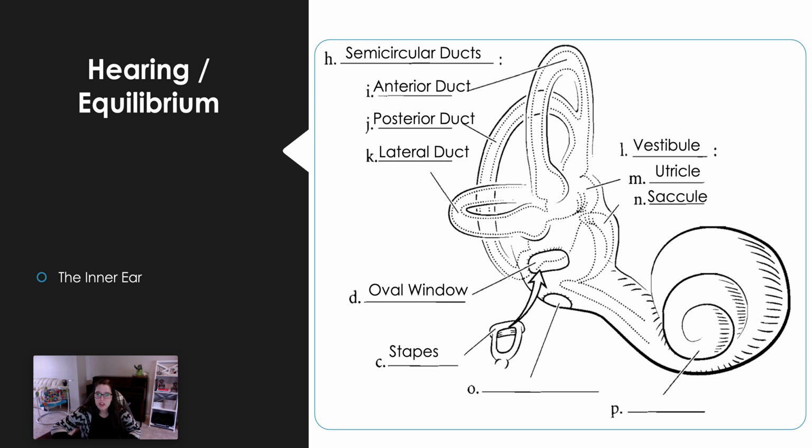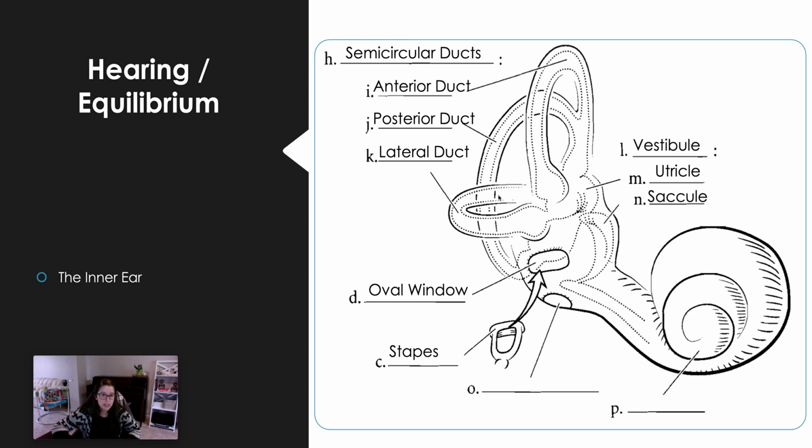The utricle is going to be horizontal movement. So it's sensing movement in this plane, or even if you're just sitting still. The saccule is going to be vertical sensation. And then finally, the semicircular ducts are going to be rotation.